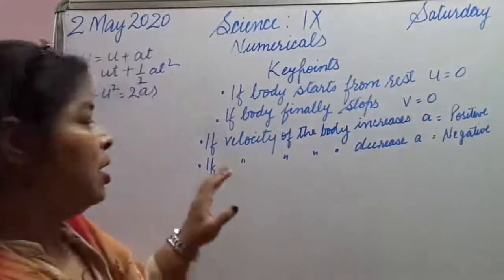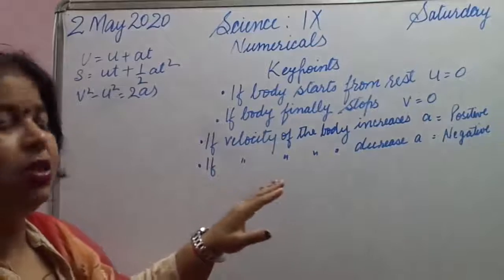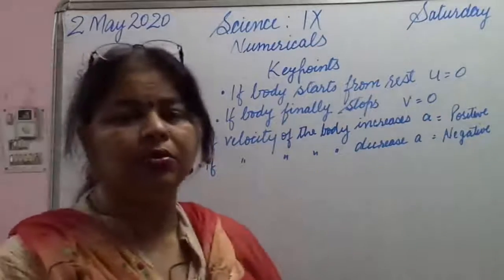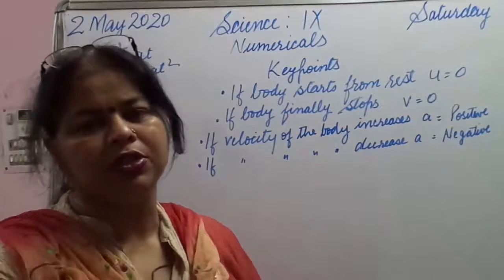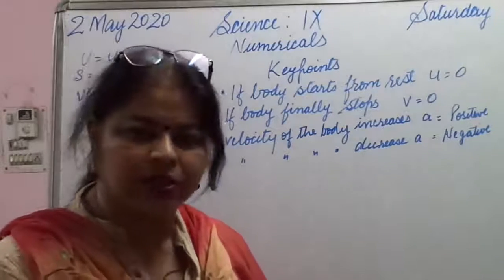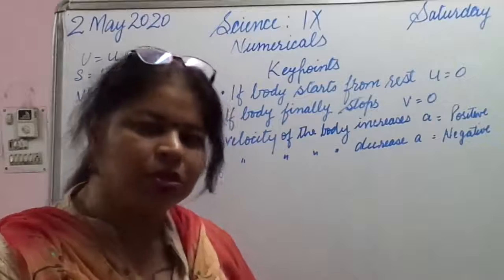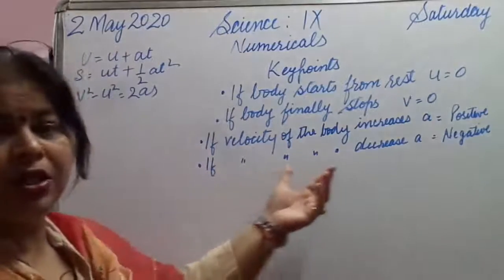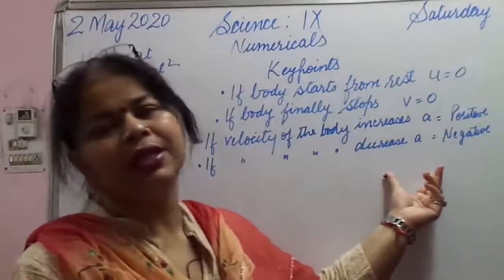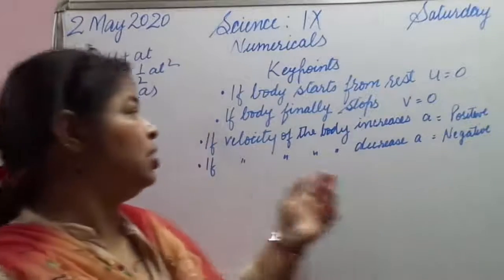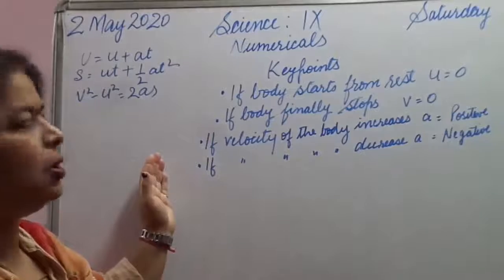Then next is, if velocity of the moving body increases, it means A is positive. A means acceleration. Acceleration is positive. But if velocity of the body decreases, then what we will say? That A is negative. So these are the 4 points that you have to keep in mind.